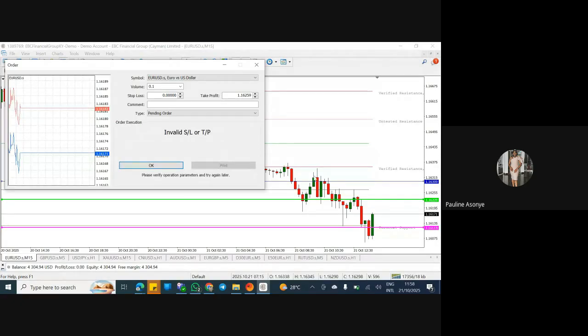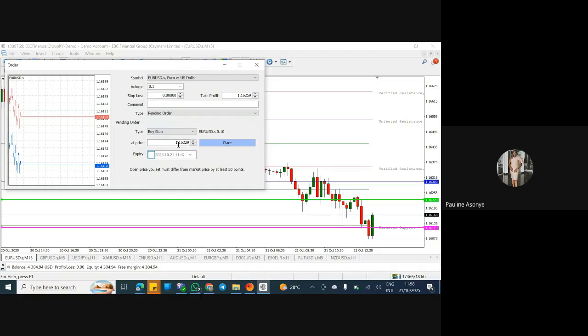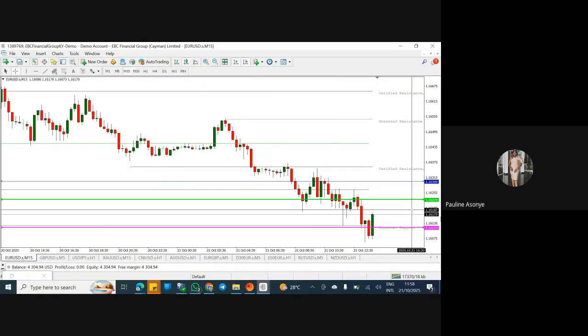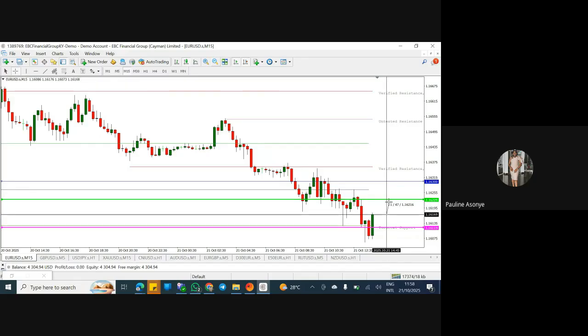What's happening? Has it moved? Why is this thing not placing? Did I type something wrong? This is where the market is now. 56. I'll ease our TP.